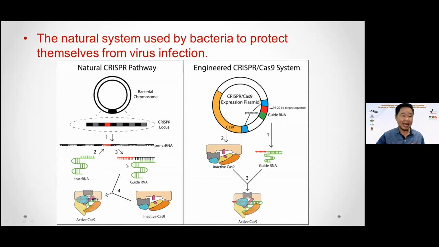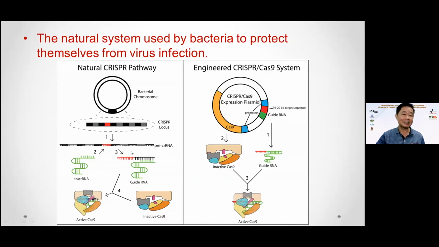Then this guide RNA will be incorporated with Cas9. Cas9 is an endonuclease, so the guide RNA will target the virus and cut the DNA of the virus. So the virus cannot infect. So this is the normal mechanism.